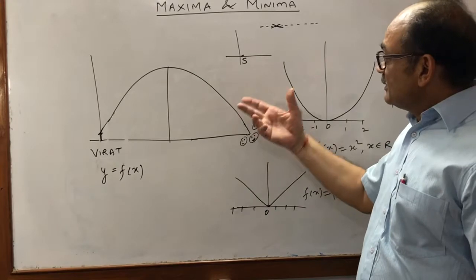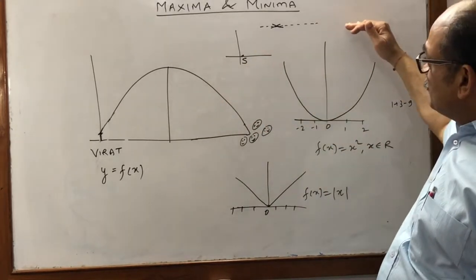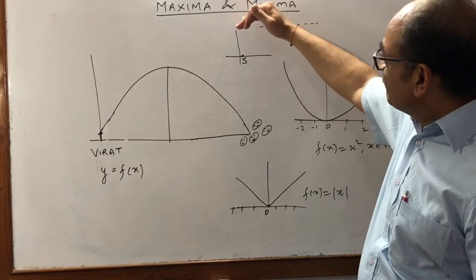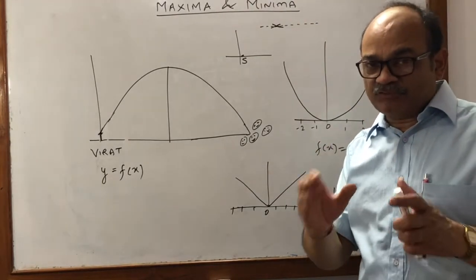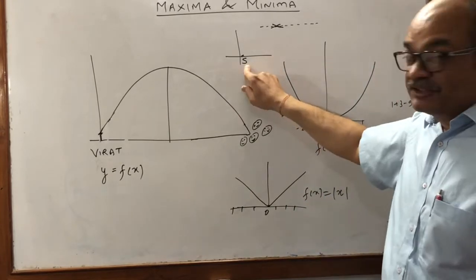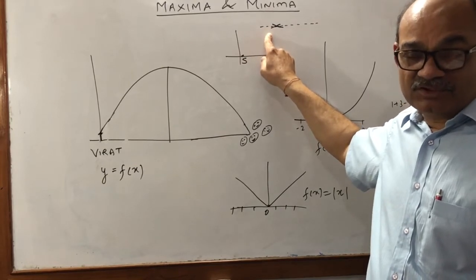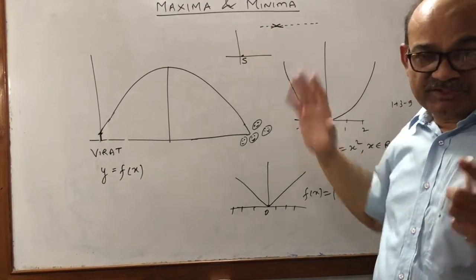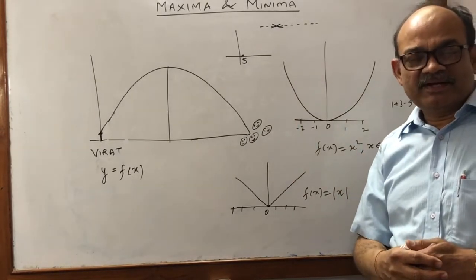One more example: suppose one soldier is here and the enemy's fighter plane is moving along a particular curve. The soldier wants to know the minimum distance at which he should shoot the target so that the enemy's helicopter or fighter plane may be destroyed. So these are simple examples of maxima and minima.